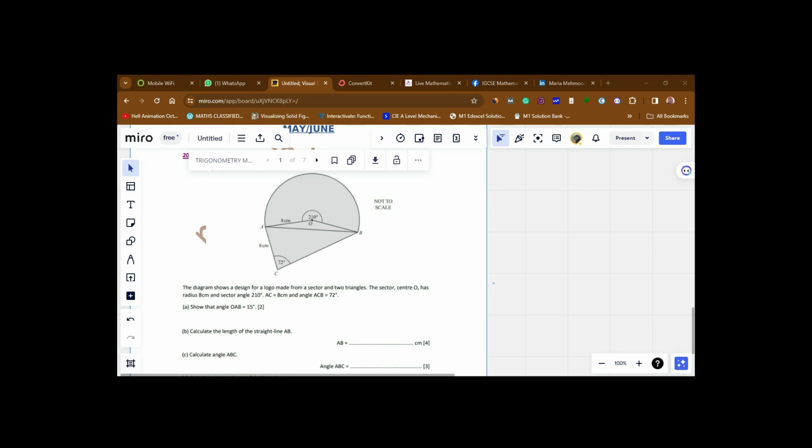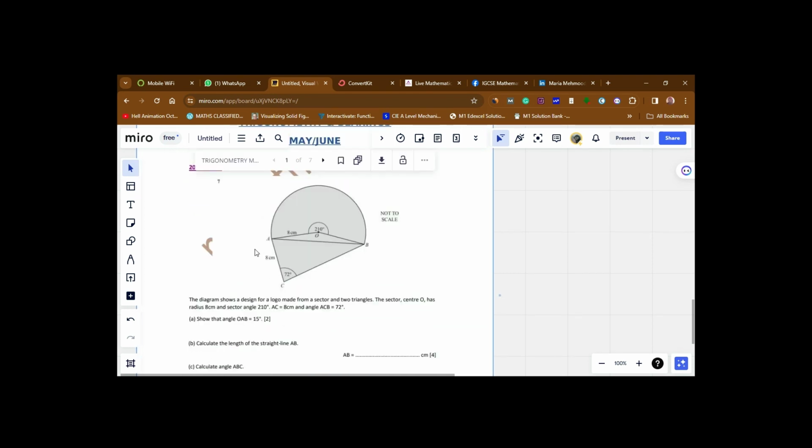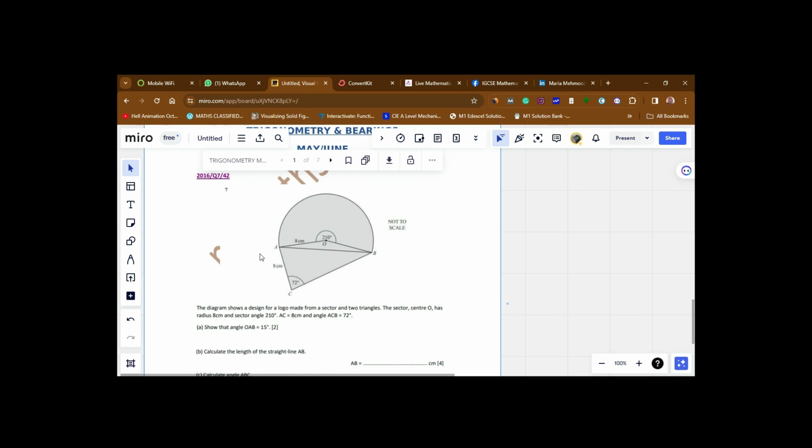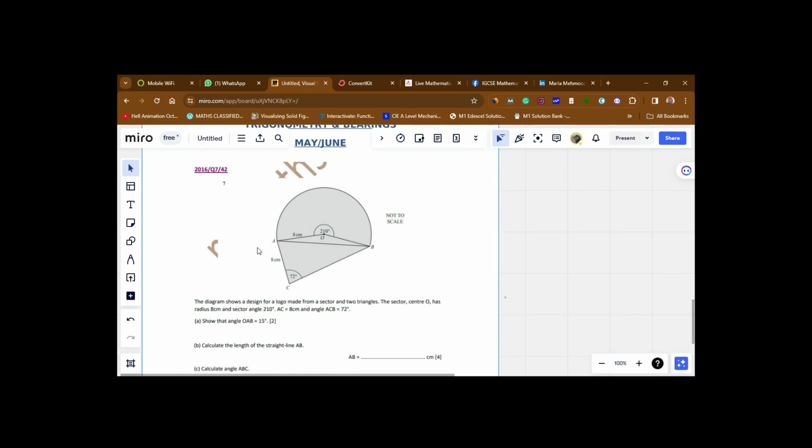Please write yes or one in the chat box if you can see the document on the whiteboard. Can you see it, please? Kindly respond.